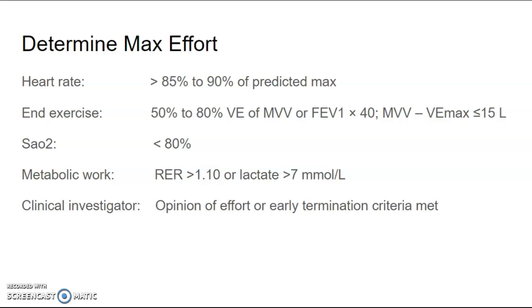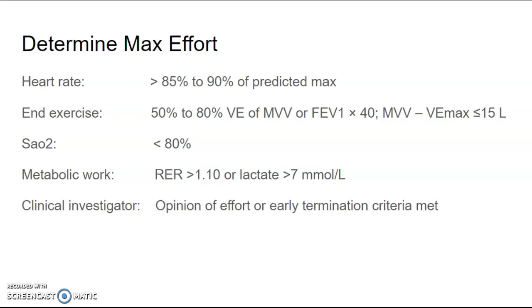Next, if their SaO2 at end of exercise is less than 80%, we can also look at their metabolic work. If their RER is greater than 1.10, or if their lactate is greater than 7 millimoles per liter, that indicates that they have given great effort.